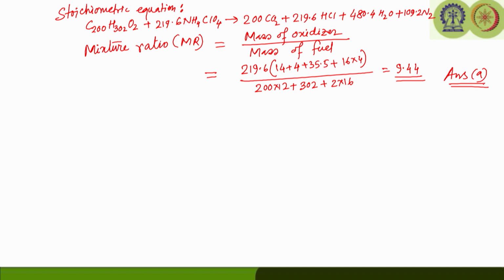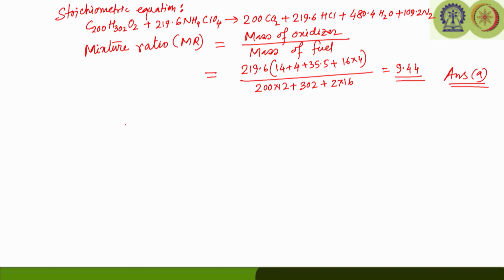Now, in the second part of the problem, we are asked to find out the solid loading. So, what is the solid loading, or the solid loading ratio? The solid loading in the propellant is the fractional mass of solids present in the propellant. Since this is not an aluminized propellant, there are no aluminum particles present.